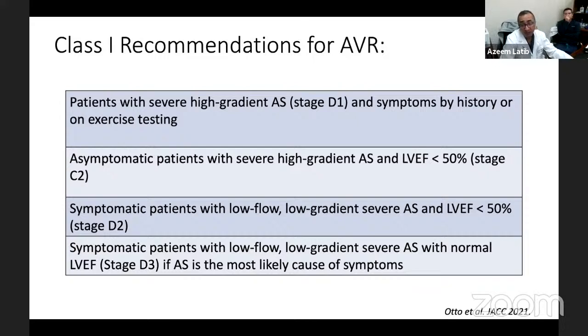Asymptomatic patients with severe high gradient AS and ejection fraction less than 50, so that was the stage C2. The stage D2, symptomatic patients with low flow, low gradient AS, and then symptomatic patients with paradoxical AS, if you can be sure that the AS is the most likely cause of symptoms and you found no other cause.